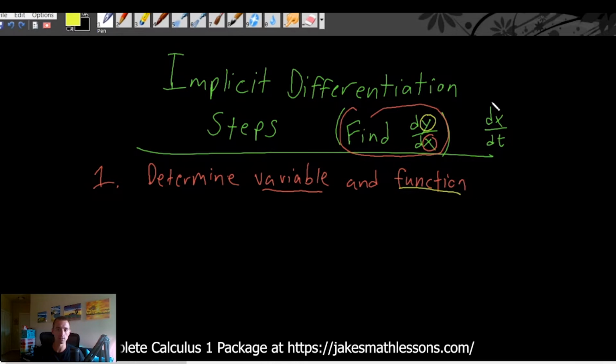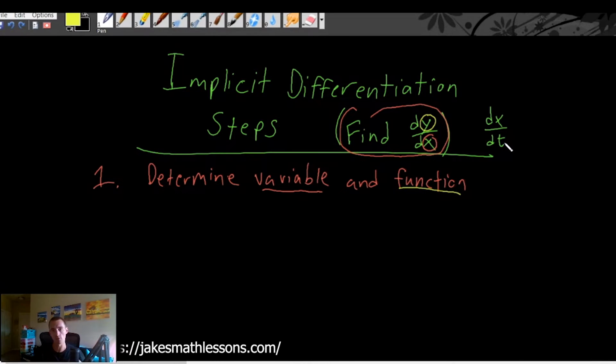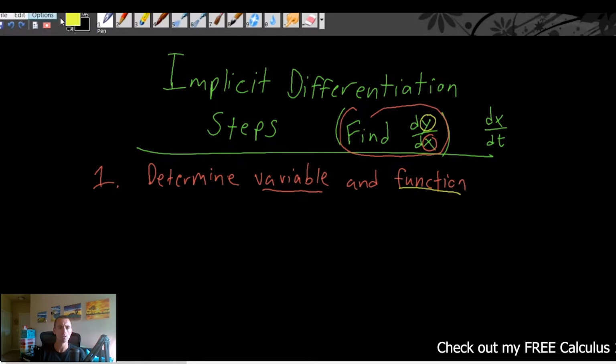In the dx/dt case, if it didn't say find dx/dt but gave you some relationship between x and t, where t was an independent input variable and x was a dependent output variable, that would tell you that t is your variable, x is your function. And what you're looking for is dx/dt. So that is how you want to start.